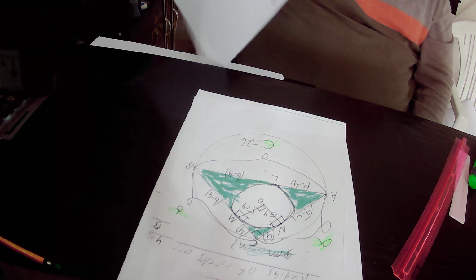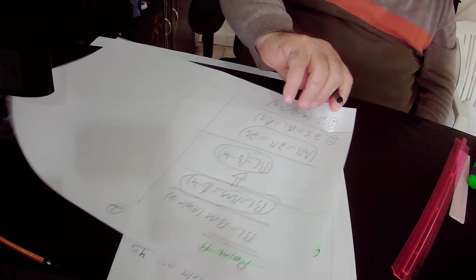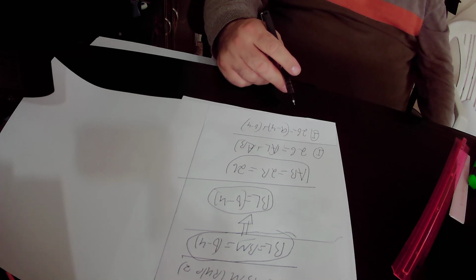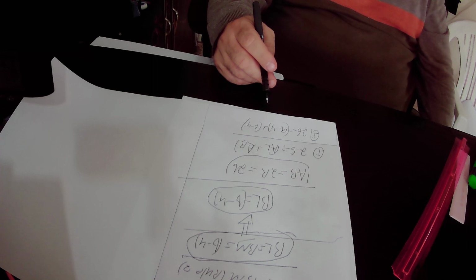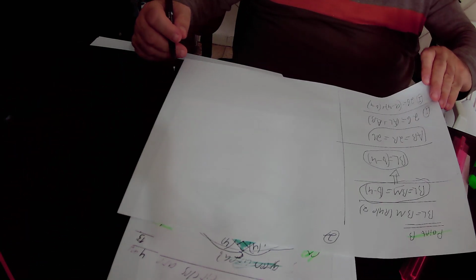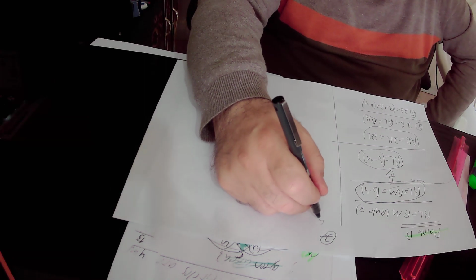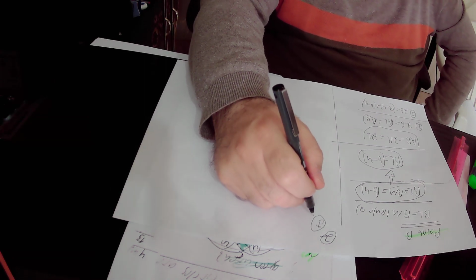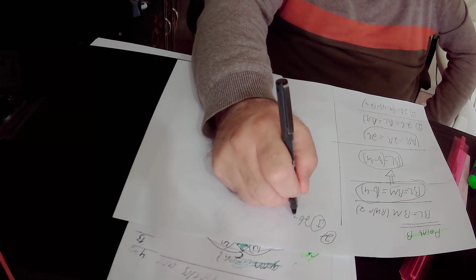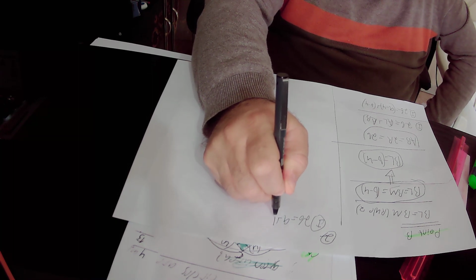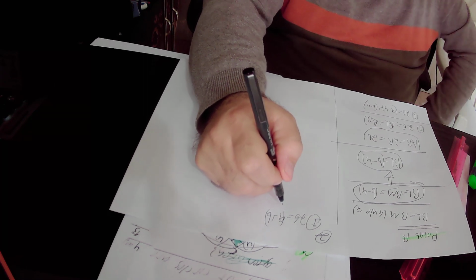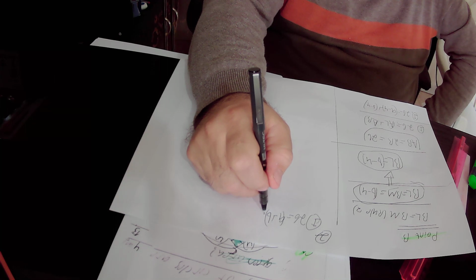So in conclusion, we found out that according to equation number 1, the diameter AB that is equal to 26 units equals A minus 4 plus B minus 4. So according to equation number 1, the diameter AB that is equal to 26 units equals A plus B, and we have minus 4 plus minus 4 is minus 8.